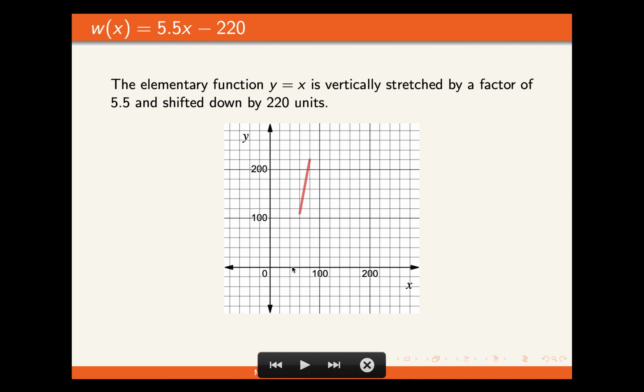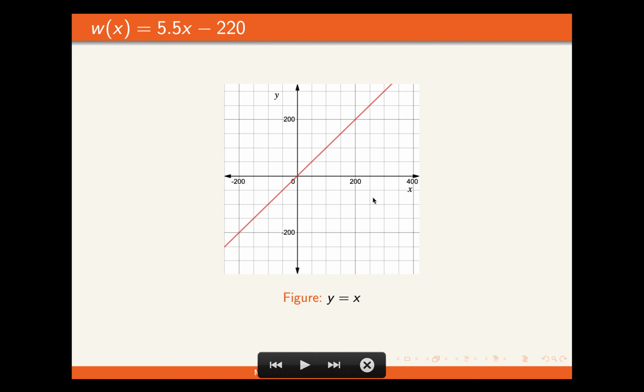But how did we obtain this graph? We basically discussed it, but I want to show you step by step. Let's revisit this problem. Originally, this was the function we needed to sketch, but we saw that the elementary function involved is the identity function, whose graph is this, y equal to x.